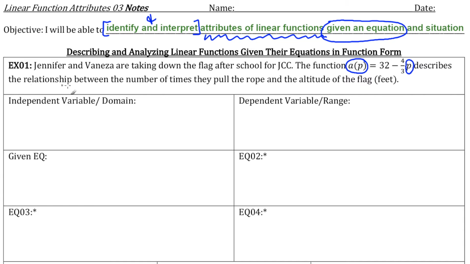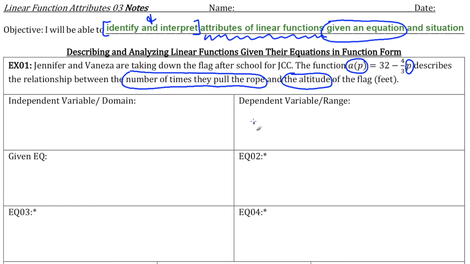So it describes the relationship between the number of pulls, the number of times they pull the rope, and the altitude of the flag. So the altitude will be affected by the number of times they pull the rope. So the altitude is the dependent variable.